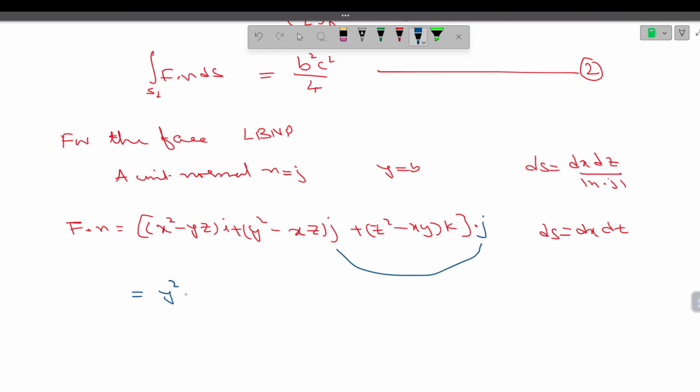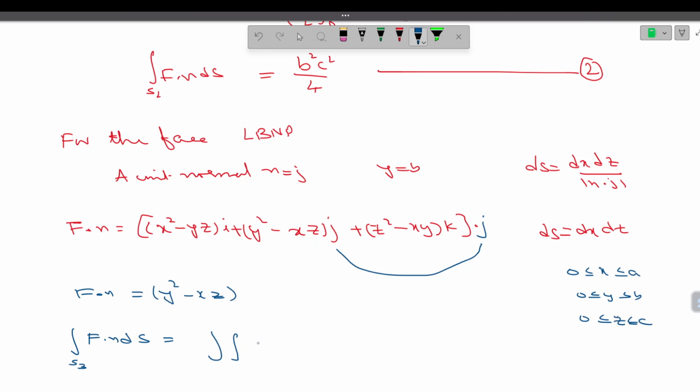So we are left with y square minus xz. This is f dot n. So integration of f dot n ds over the surface S3 equal to double integration. And see, limit of integration for x is, it is given 0 to a, 0 to b, 0 to c.